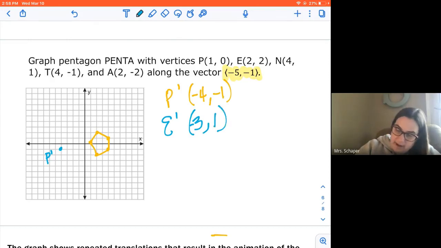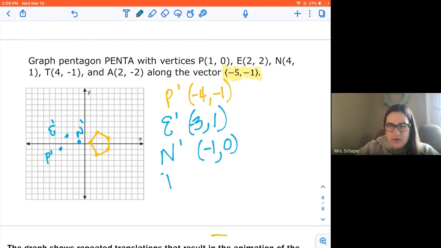So I'm going to go back 3 and go up 1. That's going to be E prime. And then N prime is going to be 4 minus 5 is negative 1, negative 1 plus 1 is 0. So (-1, 0), that's N prime.